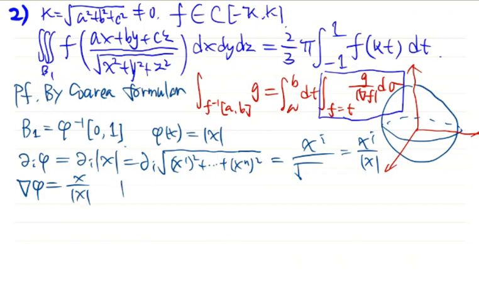So we know that for such phi, the norm of the gradient of phi at any x not 0 is 1. If x is 0, the function is not differentiable, no gradient.